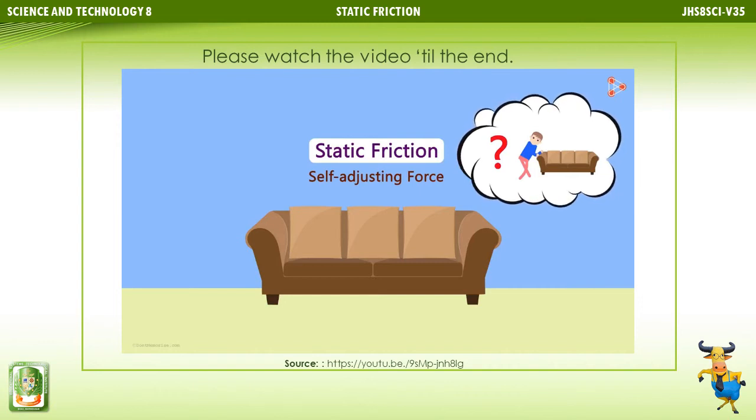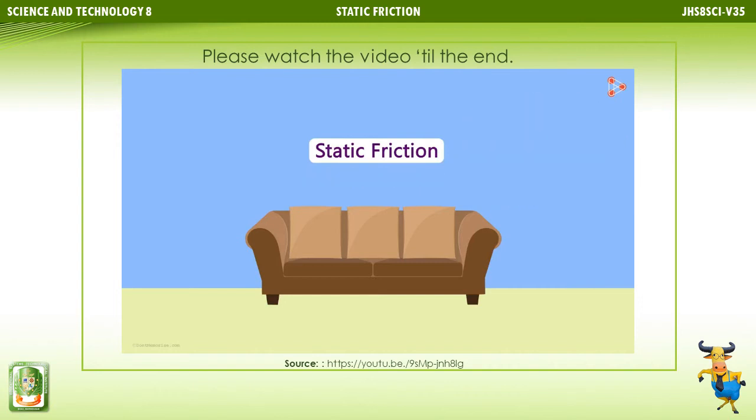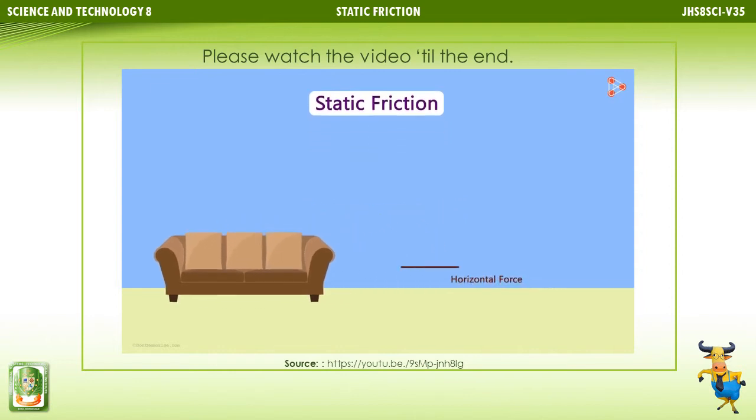Let's discuss this with the help of a simple graph. We assume that the force you apply is the horizontal force represented by the x-axis, and the frictional force applied by the floor is represented by the y-axis. Now, as you increase the horizontal force applied, the frictional force is also increasing accordingly to keep the sofa at rest. This continues till a point where the sofa just starts moving.